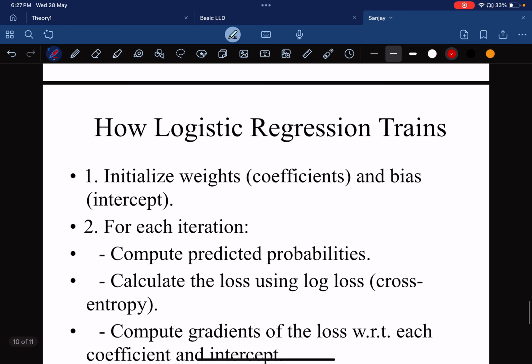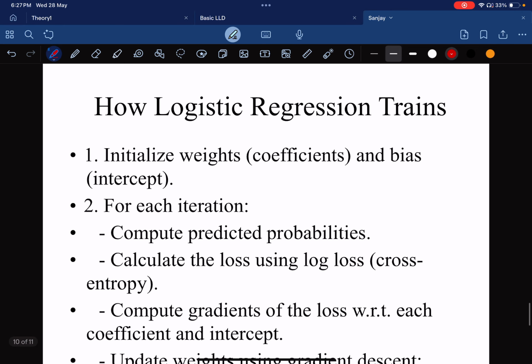How is logistic regression trained? There are a few steps to train the model. First, we will collect the data, and then we pre-process the data, like removing inputs which have no data or missing values in the rows.